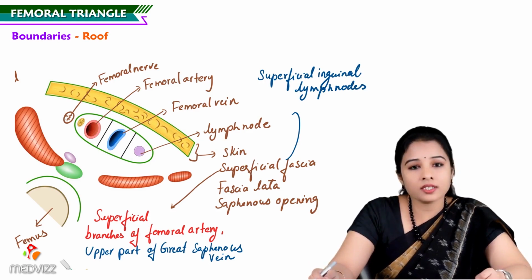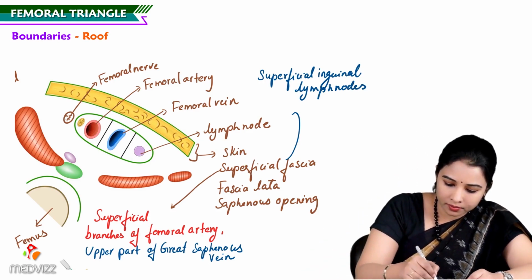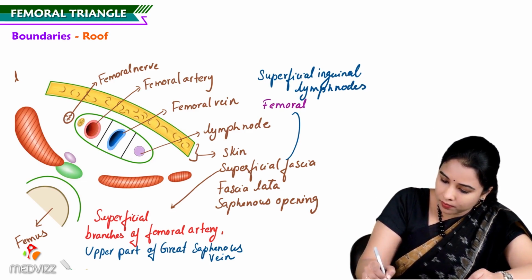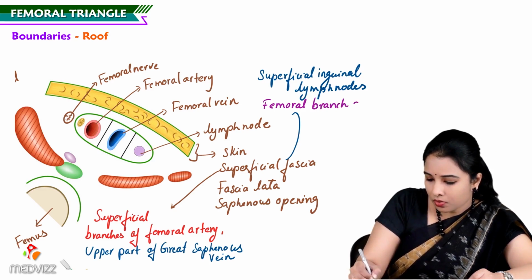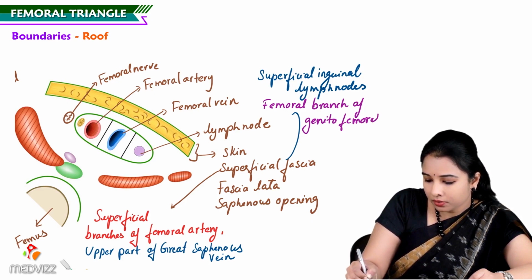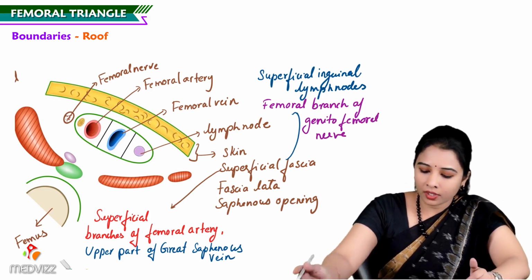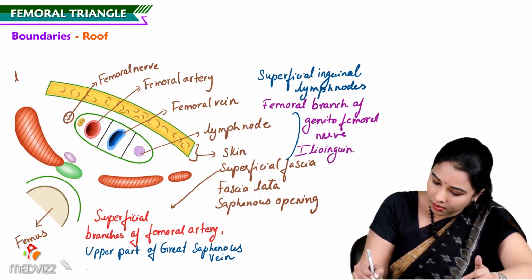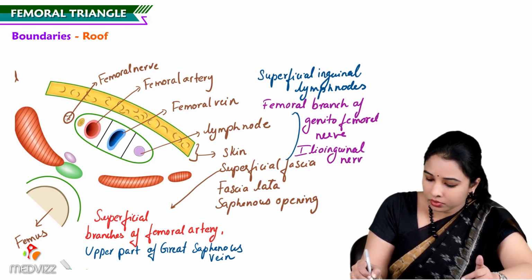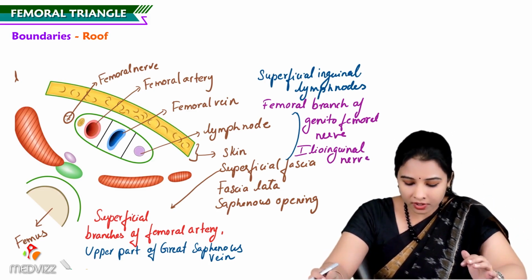And also it contains the femoral branch of genitofemoral nerve and the branches of ilioinguinal nerve. Just writing ilioinguinal nerve. So these are the structures present within the roof of femoral triangle.